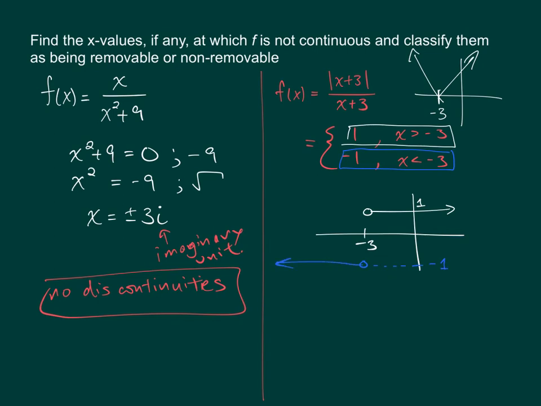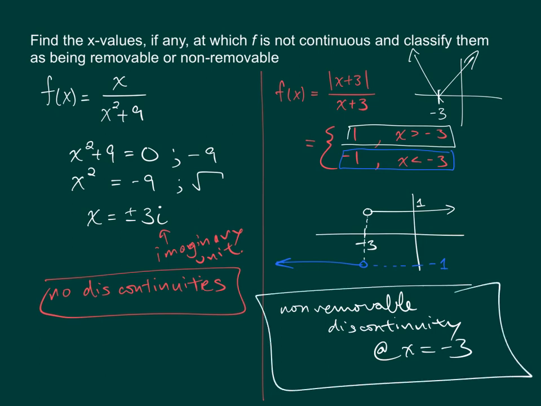It's that height. So there is clearly a discontinuity here. This graph does not meet up at this point. In fact, it's not even defined for an x value of -3. So we can state that there is a non-removable discontinuity at x equals -3.